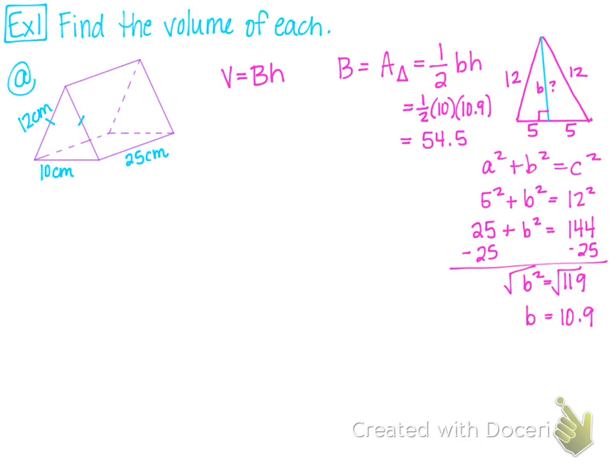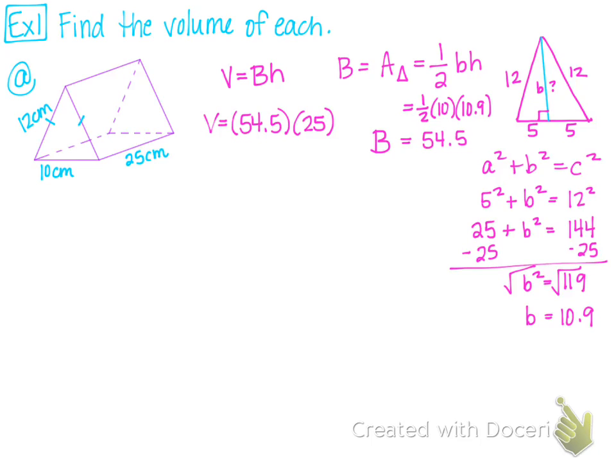Okay, so now we can go back to this formula and we can plug in. Since we know that our big B is 54.5, we have volume is equal to 54.5 times the height of the actual prism. And the height of the actual prism is 25.